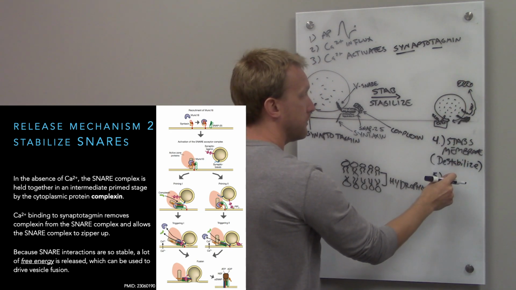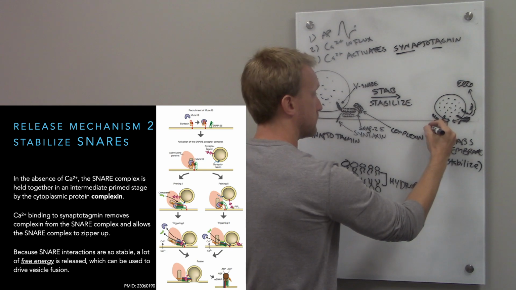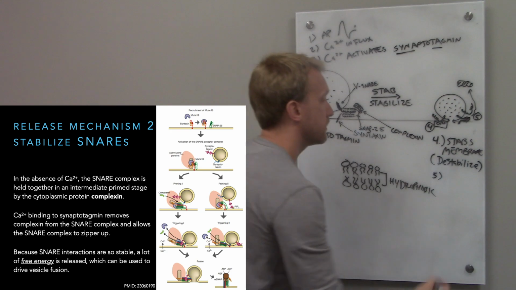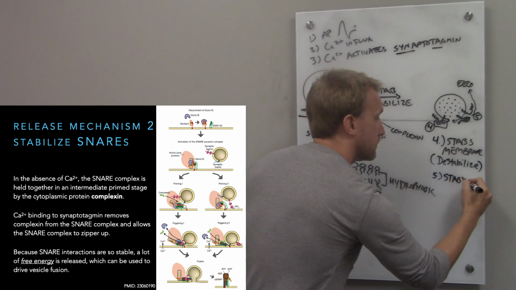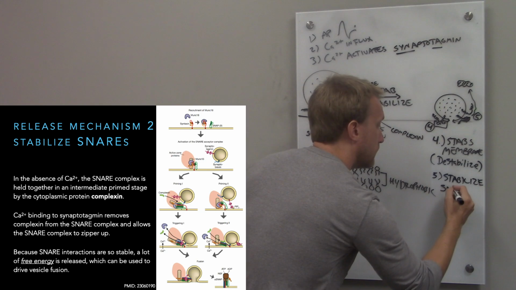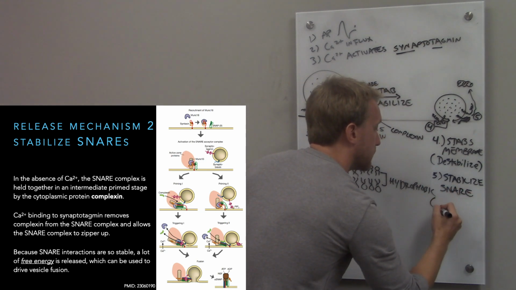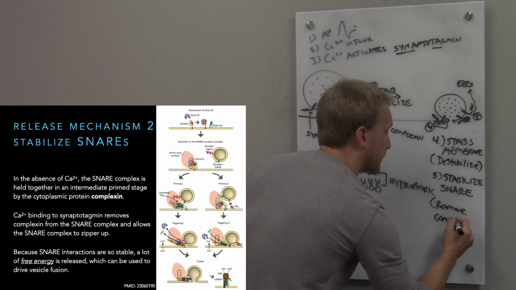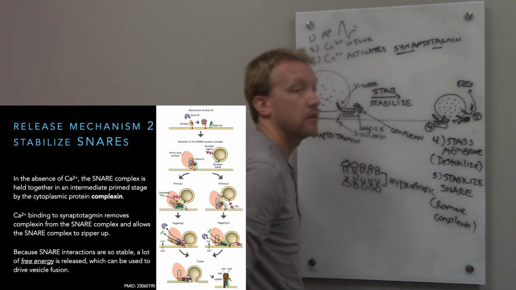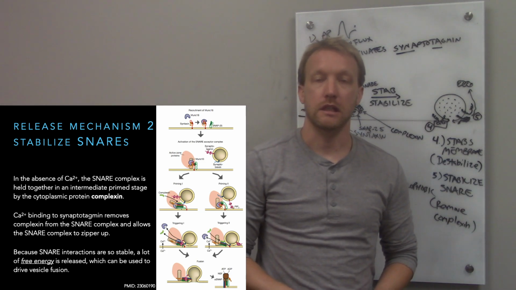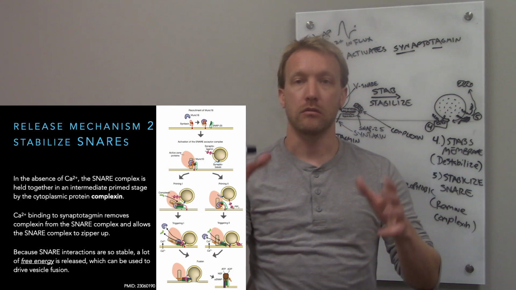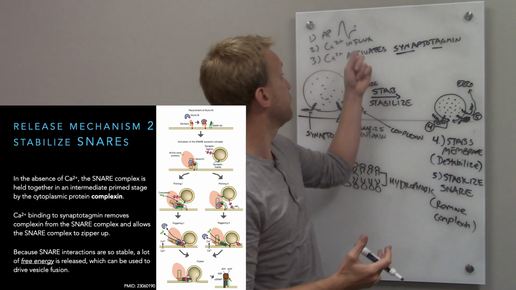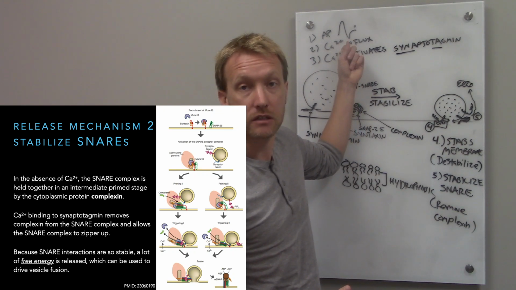So, step 5 here, stabilize the snare complex. In this case, we're going to remove complexin. Good. It's written on this slide. Okay, so we fire an action potential that depolarizes us, activate our voltage-gated calcium channels to give us the calcium influx.